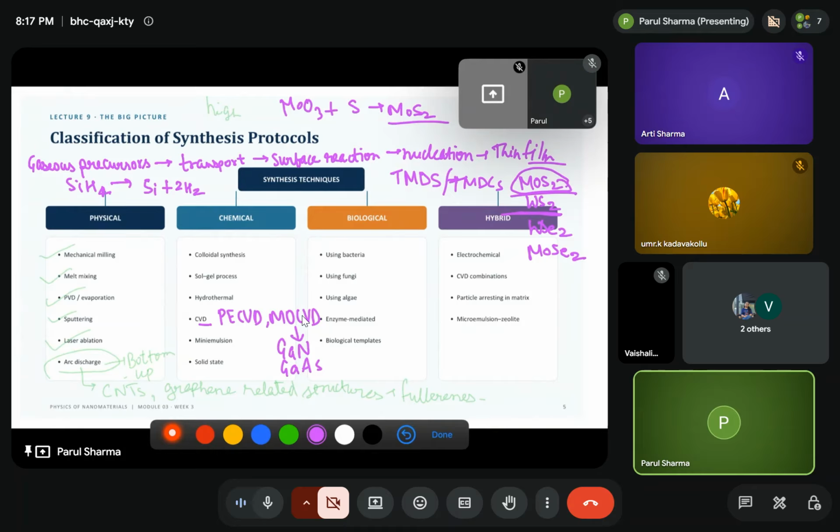So using CVD we can generate high quality films. We can have composition control, large area deposition, and we can deposit a large range of materials using CVD, like oxides, metals, semiconductors, 2D materials. But what are the limitations?